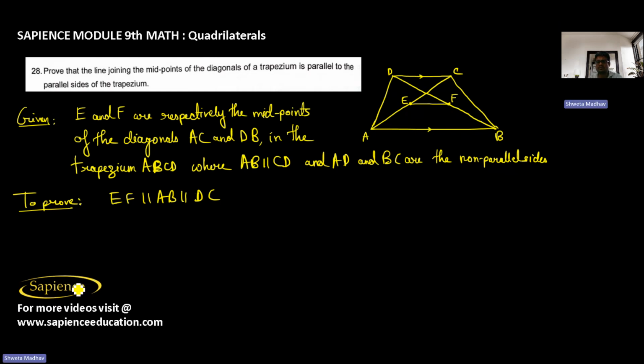So how to prove? We can join CF and then extend it to meet AB at a point.